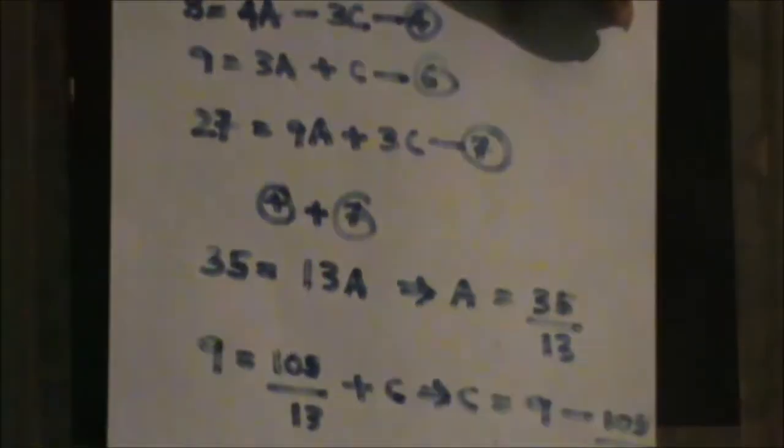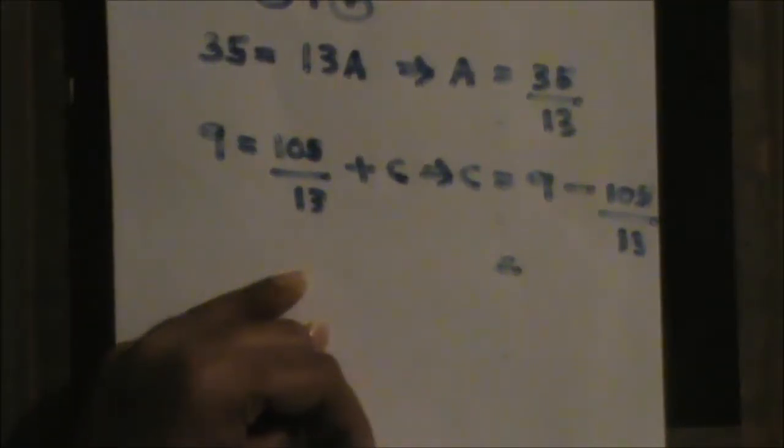When I take a common denominator, 9 times 13 is 117. So 117 minus 105 is 12. So I'll get 12 by 13.